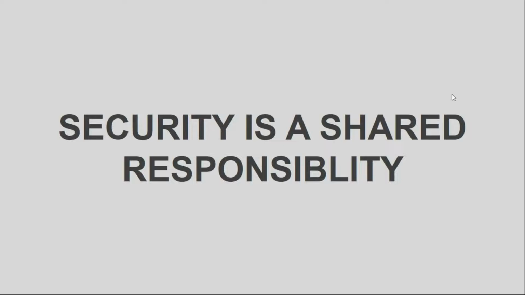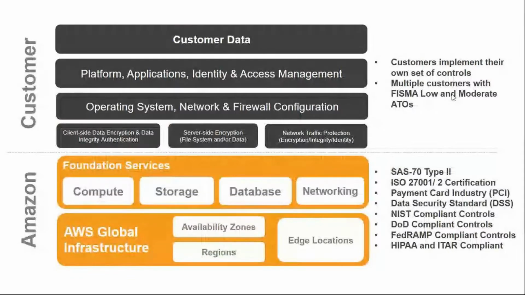It is interesting to note that what we call web services, in common terms the cloud, has always been a distinct and individual Amazon organization. So this is where Amazon plays its role, and this is where the customer plays their role.